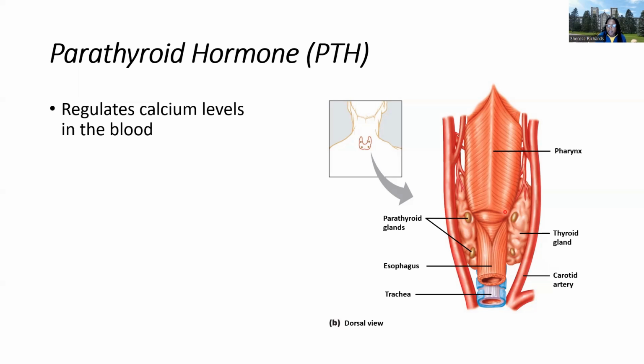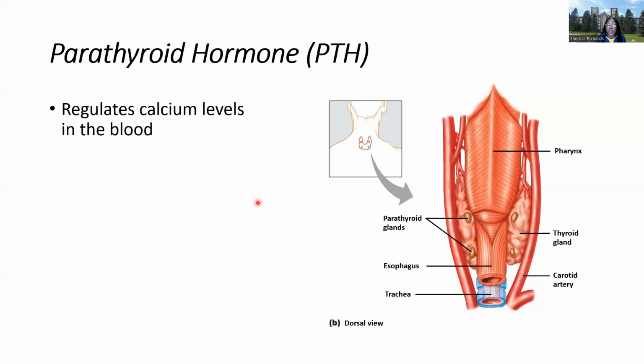Parathyroid hormone, which is coming from the glands, is going to help regulate calcium levels in the blood. So we spoke about this idea that the blood calcium levels can be regulated in terms of how much of that calcium is in the bones versus how much is released in the blood. And so parathyroid hormone is going to help take calcium from the bones and deposit it into the blood.